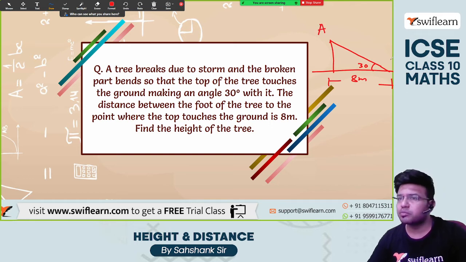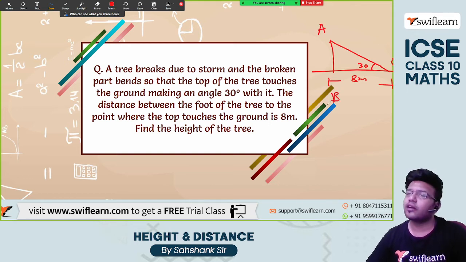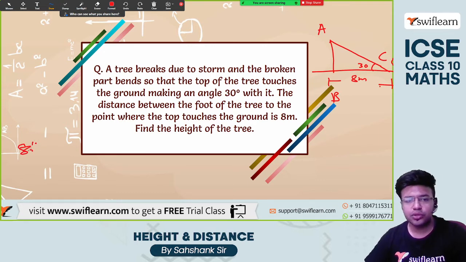Let this be ACB. The height of the tree is AB plus AC. It is the total height of the tree before breaking. Now, since it has broken, I have the base length. Let us use sine 30. No, I can't use sine 30. Let's use cos 30. Cos 30 is equal to base by hypotenuse, BC by AC. Cos 30 is root 3 by 2.